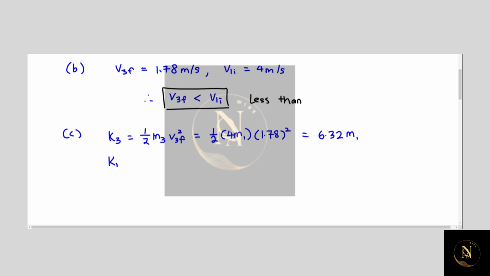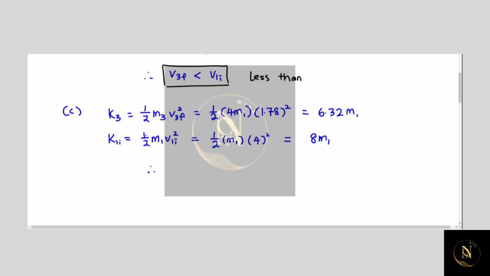Then K1 initial is half M1 V1I squared, so half times M1 times 4 squared, which is 8M1. So K3 final is less than K1 initial.